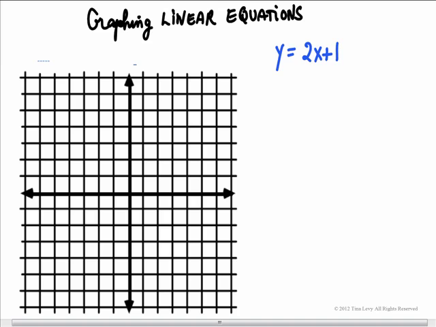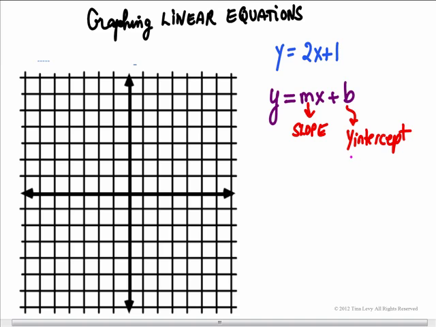We're now going to graph the same line, y equals 2x plus 1, only we're going to graph it with this concept of slope. When it's in this form, y equals something x plus something, the number in front of x is known as the slope, and the number that you're adding, whether it's positive or negative, is known as the y-intercept.